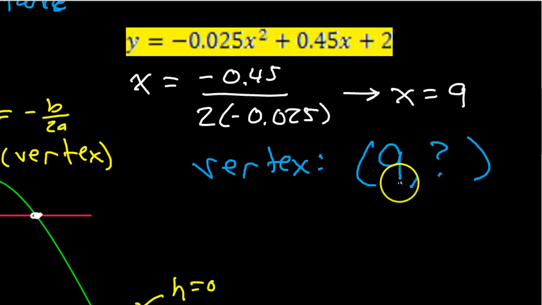Now we just need to know the y value that goes with 9. If we want that, we can just put the equation into our calculator and find the y value that goes with 9. So type this into your TI-30 XS MultiView.